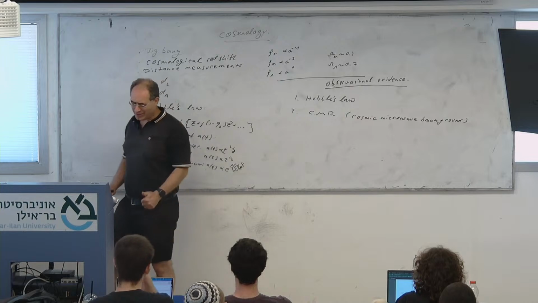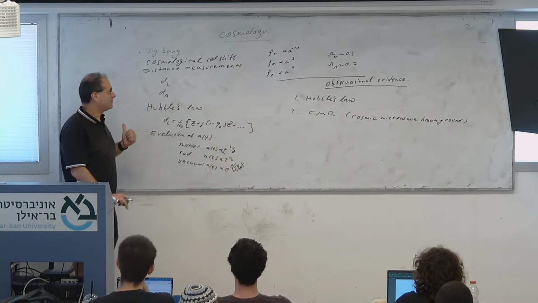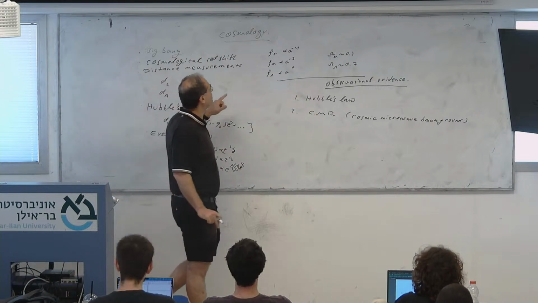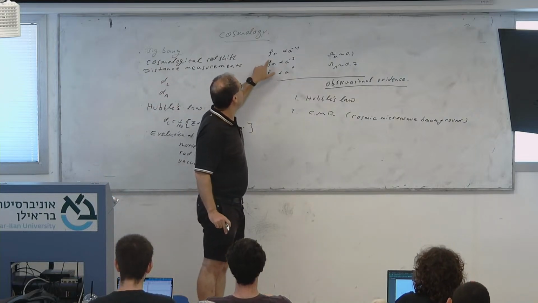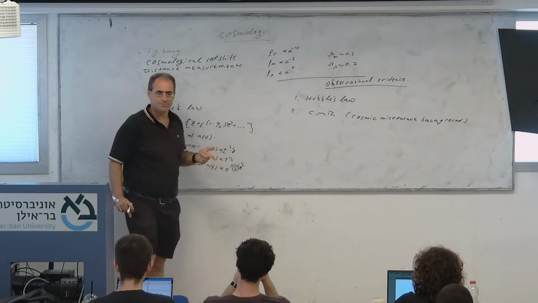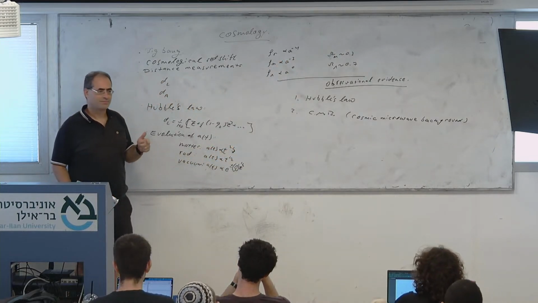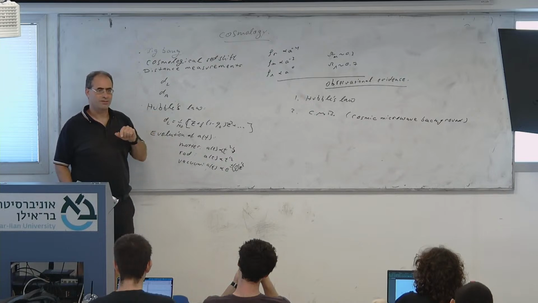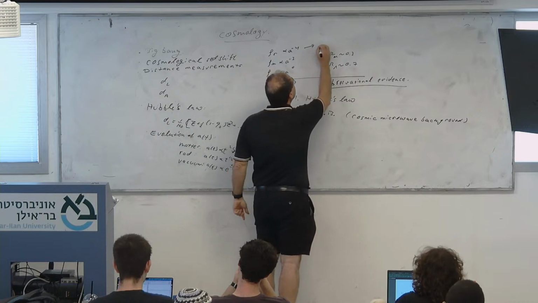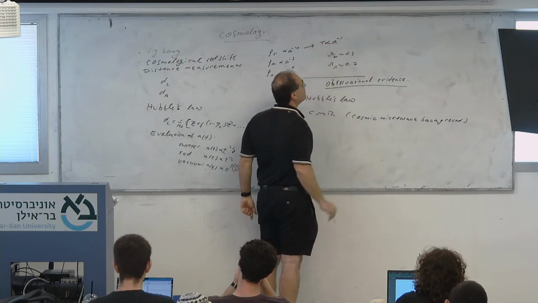So what happened is the following. When we go back in time, we said a was smaller, right? So now we said that the density of radiation goes as a to the minus 4. And the temperature to the 4 goes as the energy density, which means that the temperature T goes as a to the minus 1.